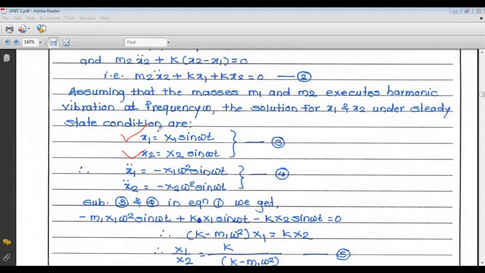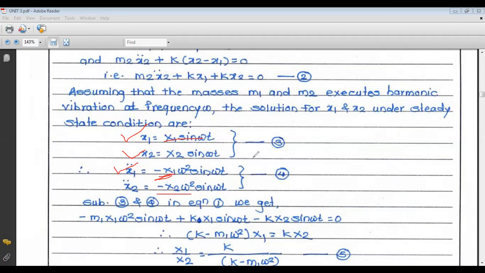Now we have to find the acceleration, that is x1 double dot and x2 double dot. Double differentiating, x1 double dot becomes minus X1 omega square sine of omega t, and x2 double dot becomes minus X2 omega square sine of omega t.